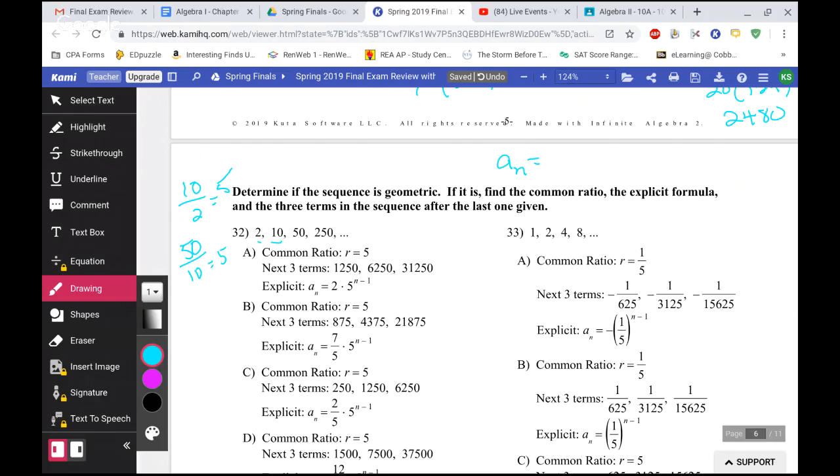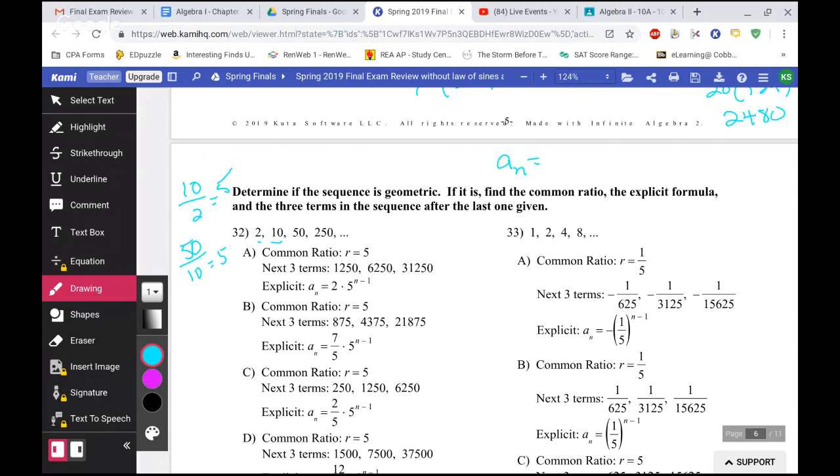A summation or series formula always begins with an S. So I'm trying to distinguish between term and sum, and hopefully that will help you. A sequence deals with a term, a series deals with a sum. So when you're studying, try to correlate those words: sequence, term, series, sum.